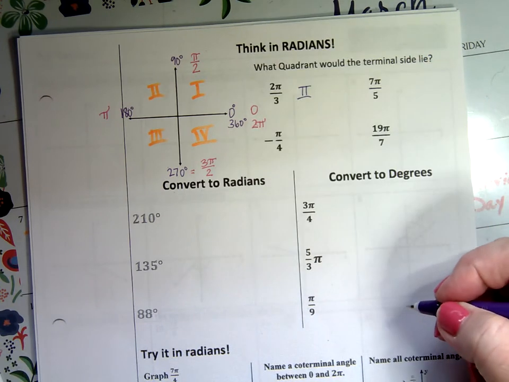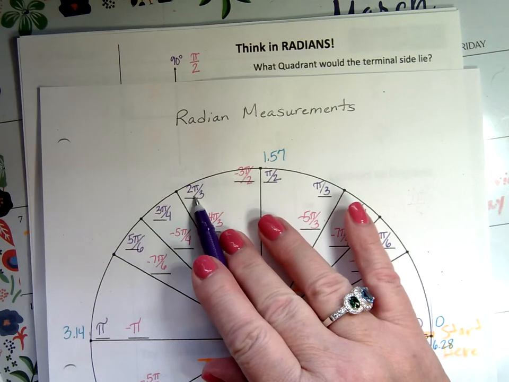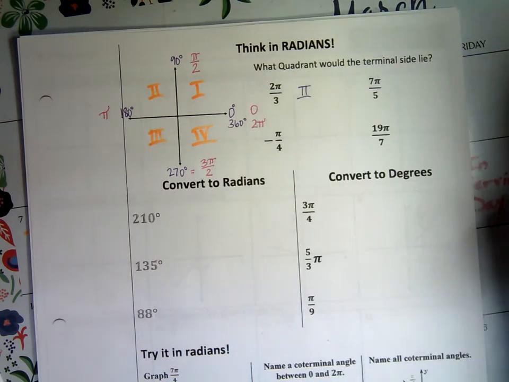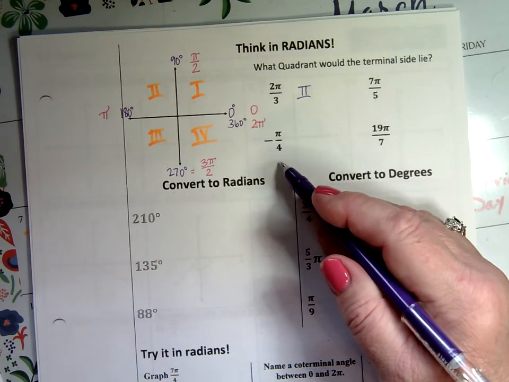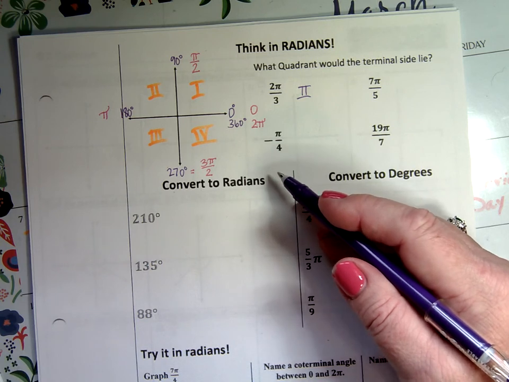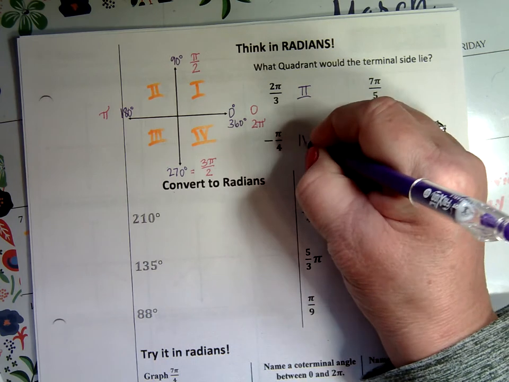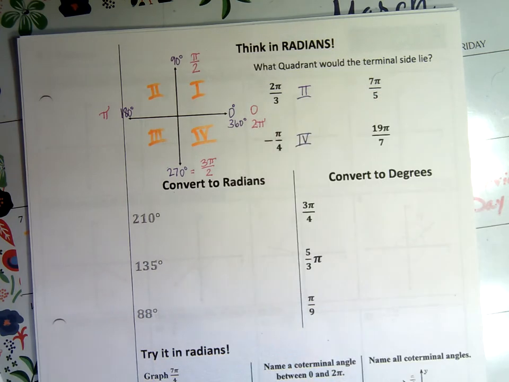If I go down, negative pi over 4, that's listed on our sheet. If I go negative 1/4, I am in the 4th quadrant. I went down to get that one.